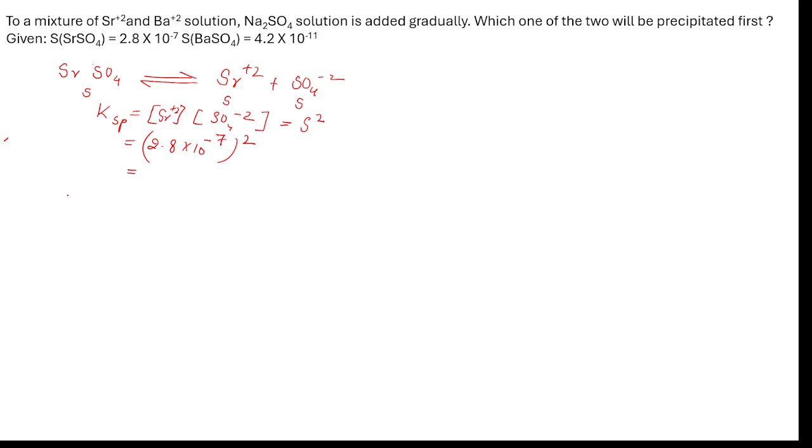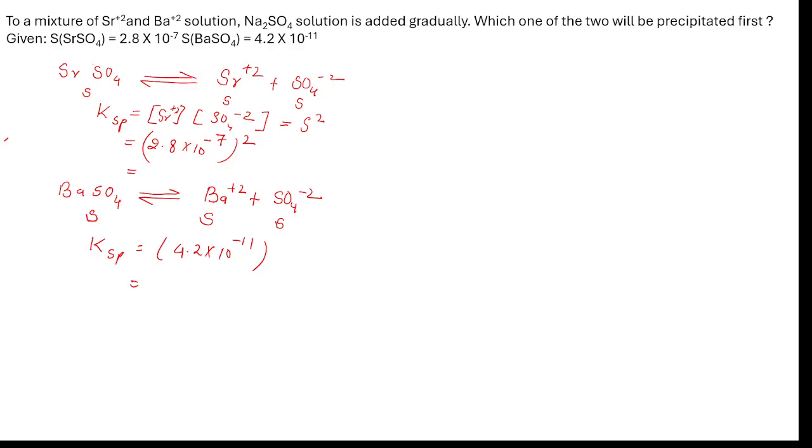And similarly for BaSO4, you can also make the equation like that, Ba2+ plus SO4 2-. This is going to be S, then it is also going to be S, and it is also going to be S. Here the Ksp is what? Again, this is going to be the square of 4.2 multiplied by 10 to the power minus 11.